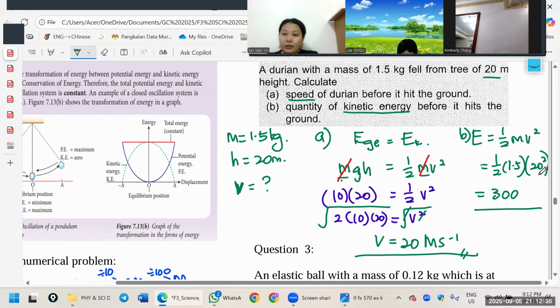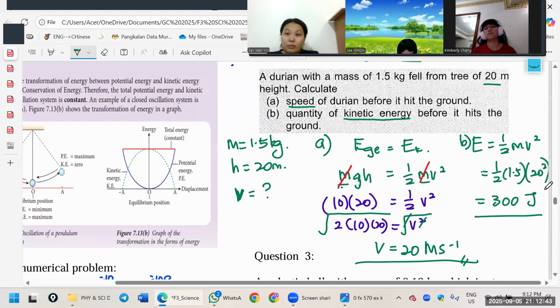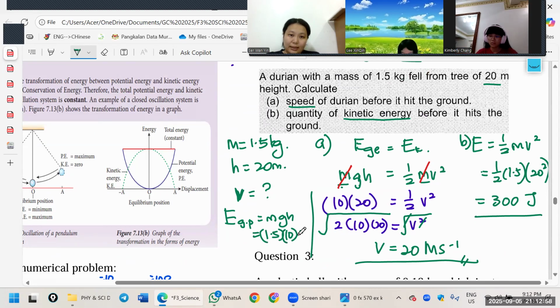300 joules. Okay, ma'am? Okay, so actually, if we count out gravitational potential energy mgh, m is 1.5, g, height 20, we will get 300 joules.